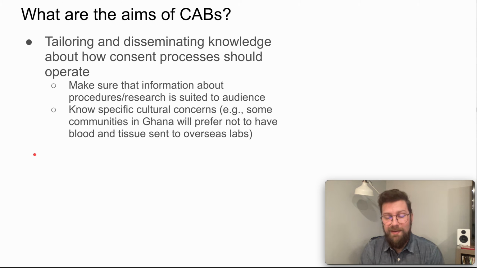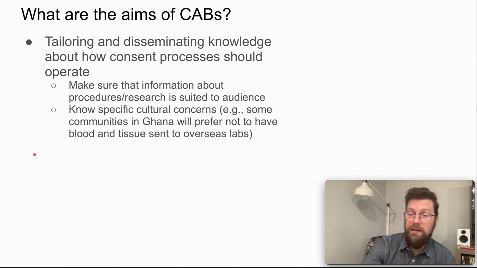So if sending a patient's blood to an overseas lab is inappropriate, part of what can be done is find a more appropriate way of dealing with the matter by, for instance, setting up a lab where the blood can be studied within Ghana rather than shipping it across the world. Only with substantive conversation and collaboration are we going to realize that this sort of approach might be needed in that context.